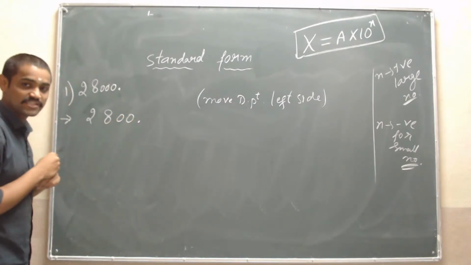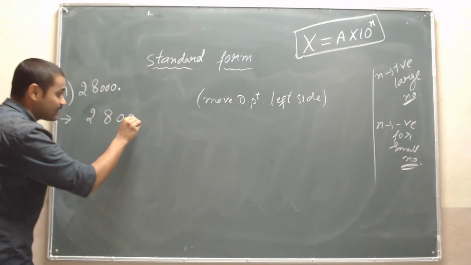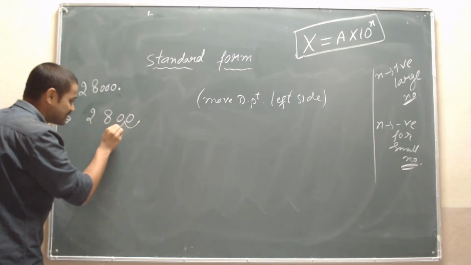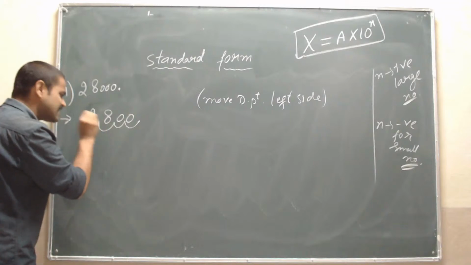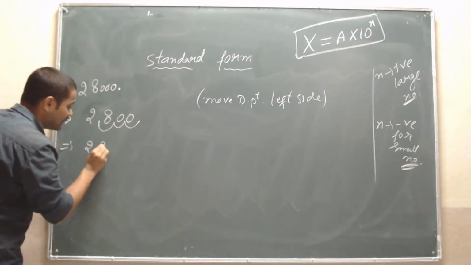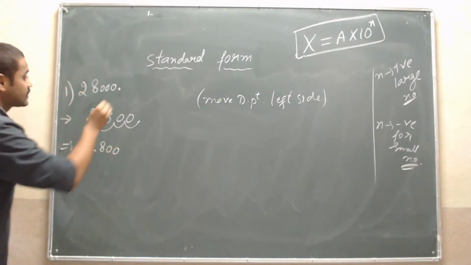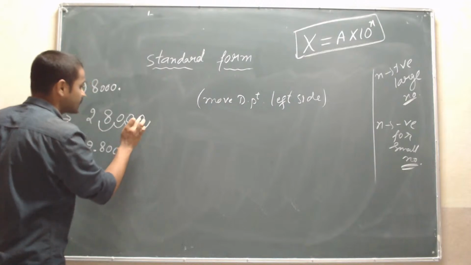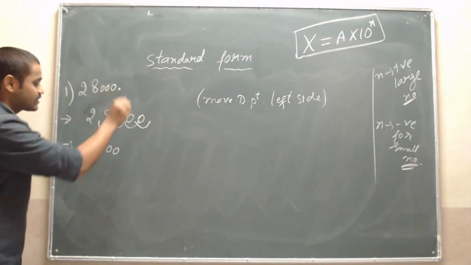So here is the decimal point, and here we are moving it. It becomes 2.8000. From here to here, move. Okay, 000.